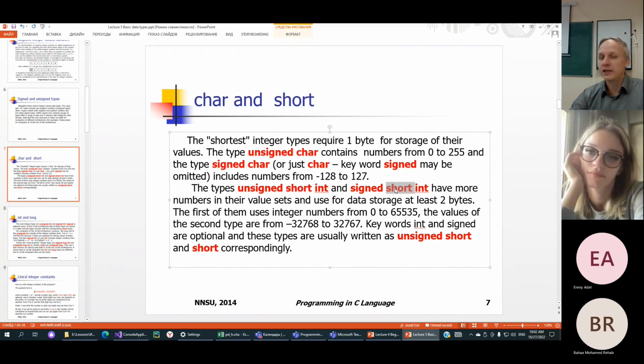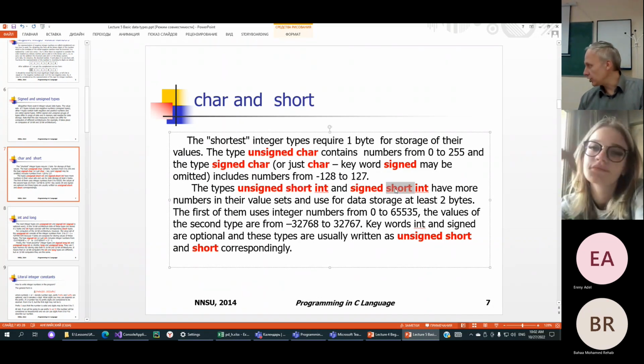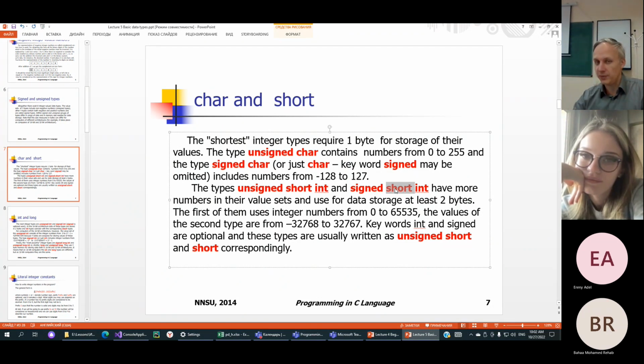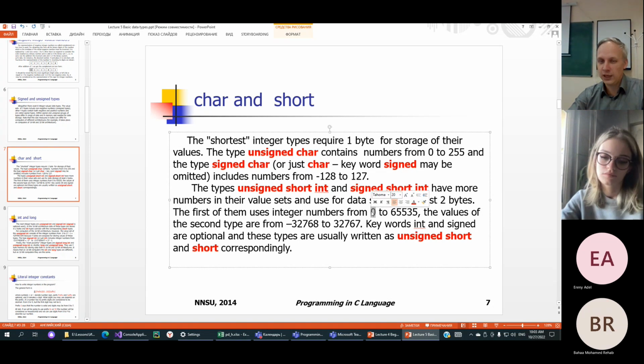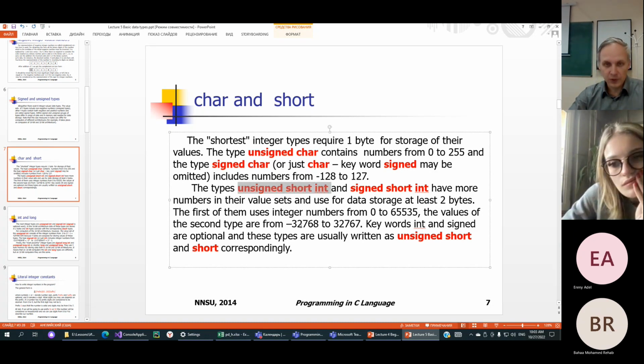This keyword defines a small integer number, a short number with a small range of representation. This range is written here: minus 32 thousand up to 32 thousand for short int, and from 0 up to 65 thousand for unsigned short int.